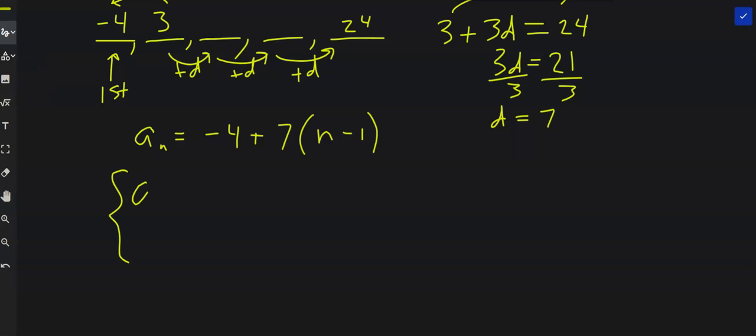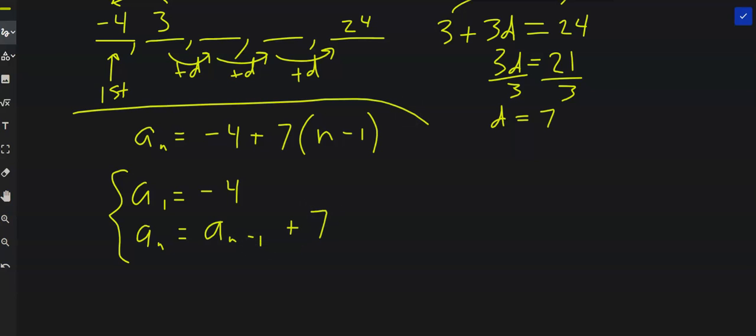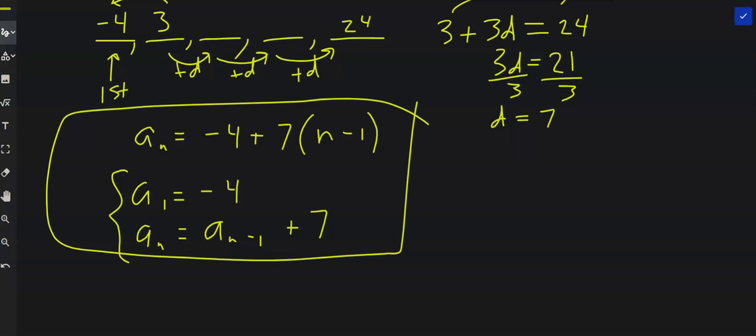And the recursive, a sub 1 equals -4, a sub n equals a sub n minus 1 plus 7. Those are the two formulas that you would find on the explicit and the recursive.